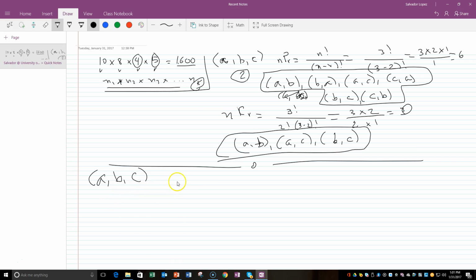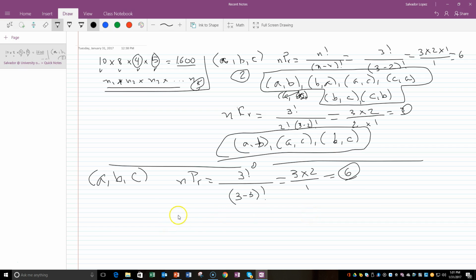So in the case of permutation, just apply the formula. It will be 3 factorial divided by n minus r, which is 3 minus 3 factorial. On the numerator we have 3 times 2. On the denominator we have 1. The factorial of 0 is 1. So it will be 6 items.